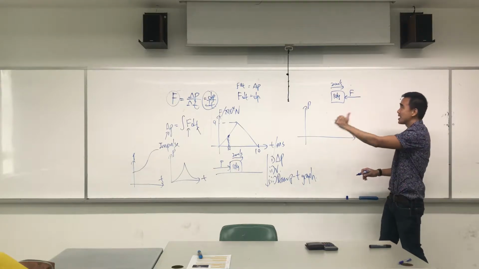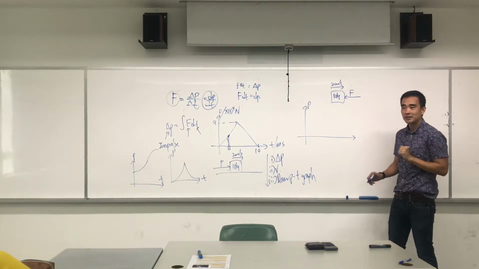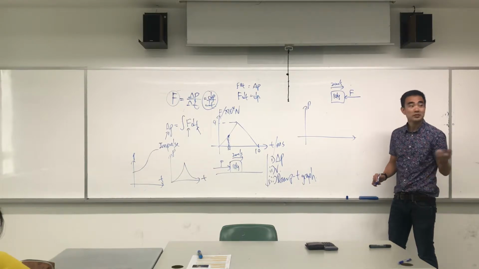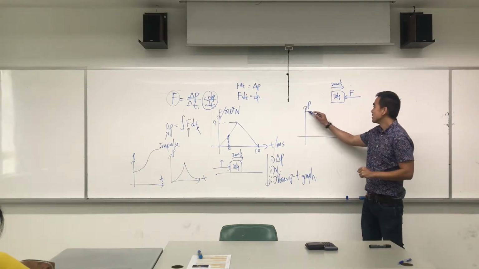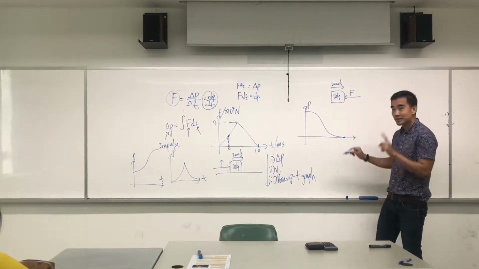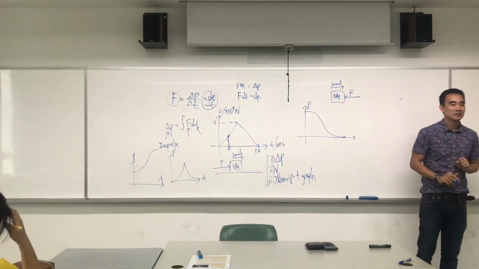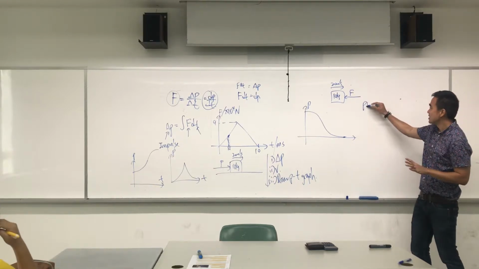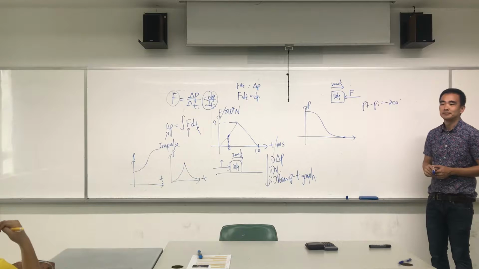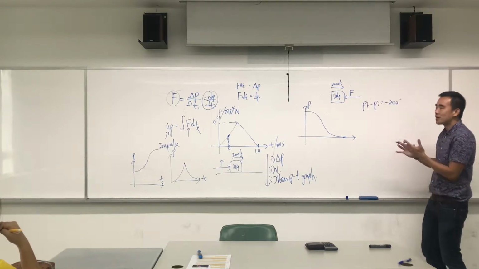Initially you have plus 200 kg meters per second. The change is now negative. What's the final momentum? It will be like this, because the change is now negative. If you write the equations properly, it will be Pf minus Pi equals negative 200.